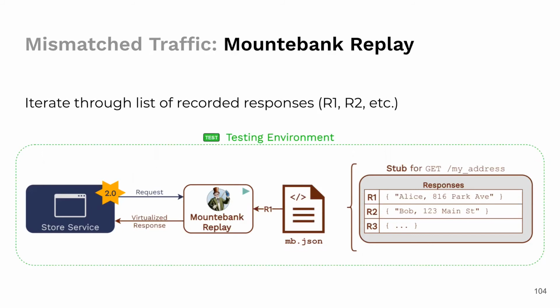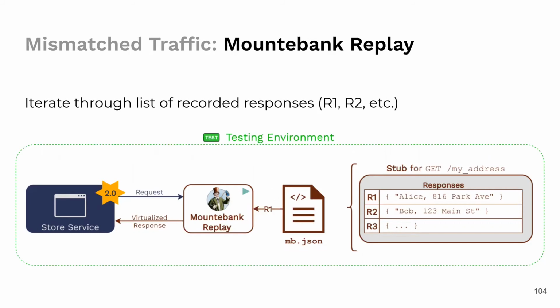So the matching stub then generates a virtualized response from a list of one or more recorded responses. In this diagram, this would be on the right, the R1, R2, R3, etc. If there's more than one recorded response for a given request, Mountebank on each subsequent matching request will iterate through its list of recorded responses, starting over once it reaches the end.